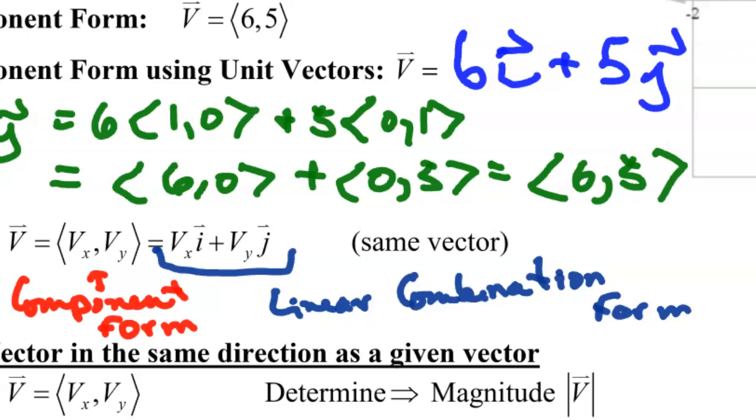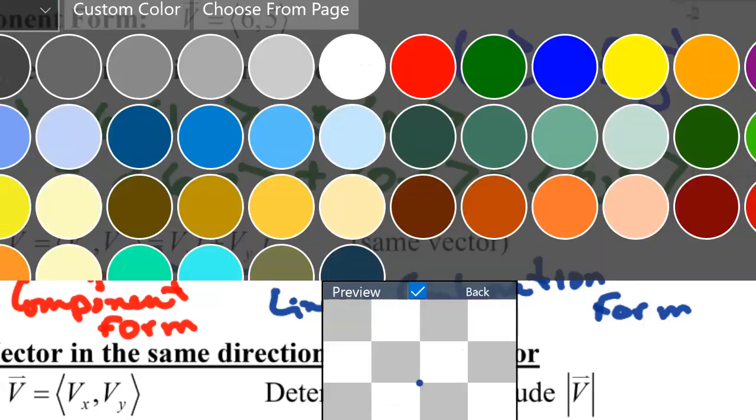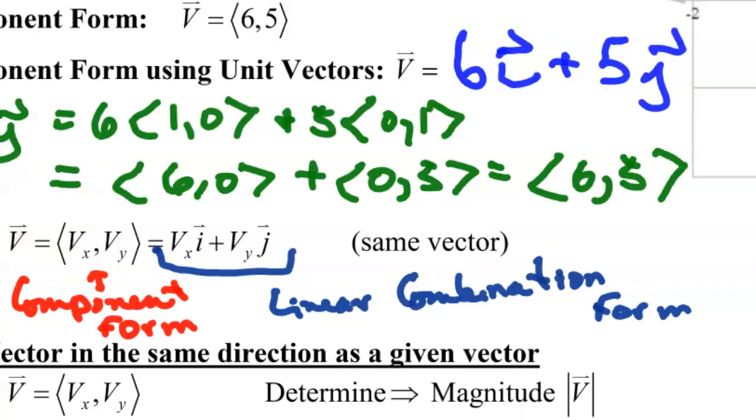Okay, they represent the same thing, as I said. These two things are the same. 6, 5 is the same thing as 6i plus 5j.